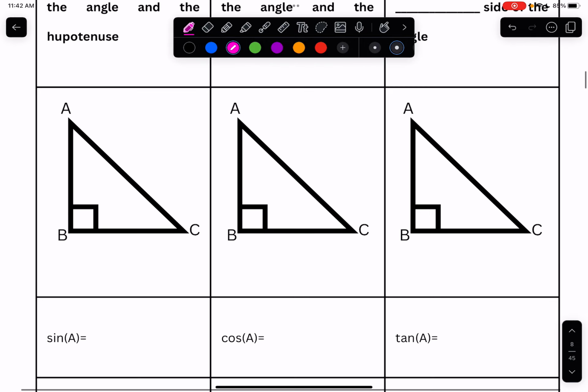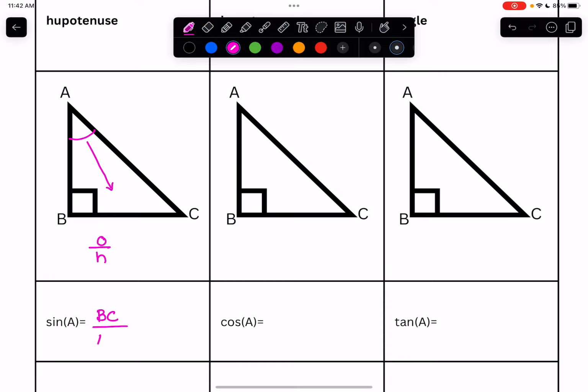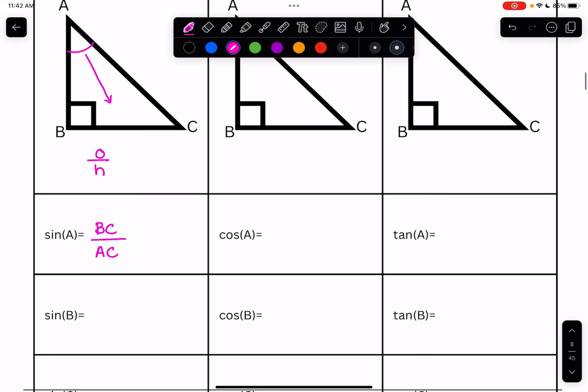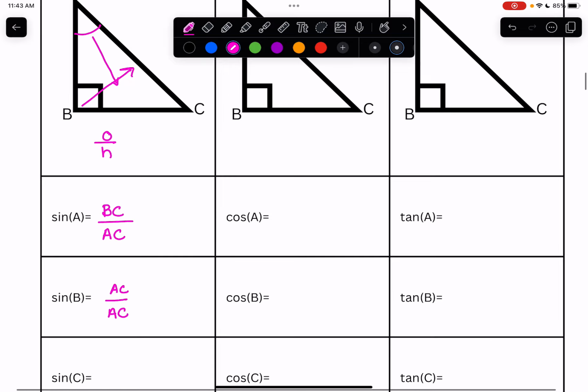If we look just at sines right now, the sine of A is opposite over hypotenuse. Opposite is BC, hypotenuse is AC. If we do it for B, opposite is AC, hypotenuse is AC, which you should know simplifies to 1.